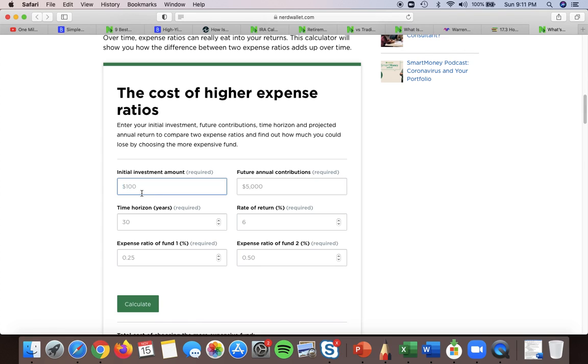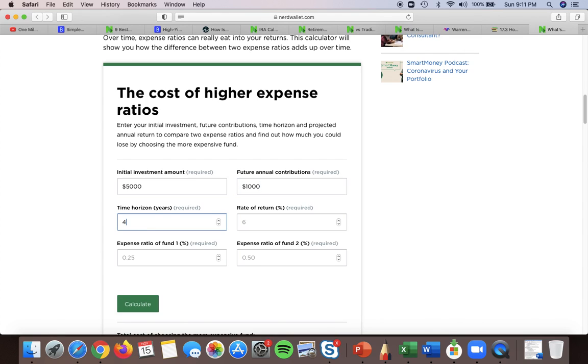So let's say the initial investment amount I put in each of these accounts is $5,000. These aren't real numbers. I'm just picking hypotheticals. The only real numbers I'm going to give you are the expense ratios of the 2 funds. And let's say every year I put $1,000 into my ownership of each of these funds.